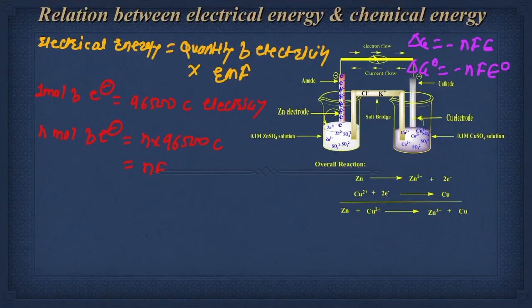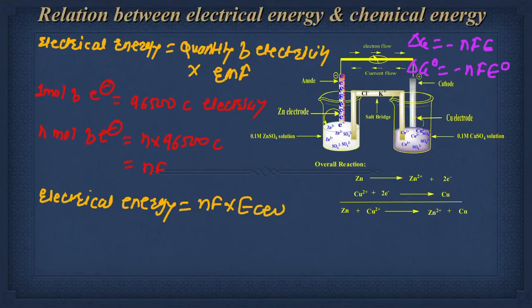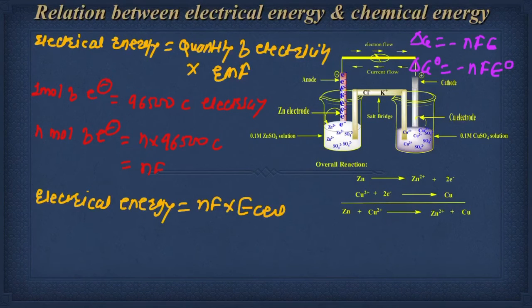Okay, so when we put this value in this equation, the electrical energy is equal to nF multiplied by E cell. E cell means the cell EMF which we observe in the electrochemical cell. Dear friends, we know that in any spontaneous reaction there is a decrease in the free energy of the system.